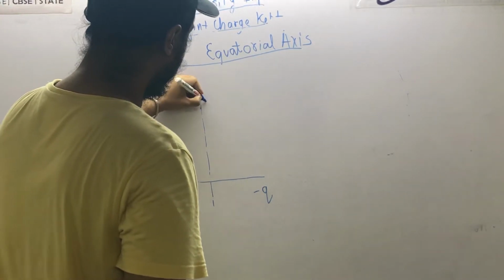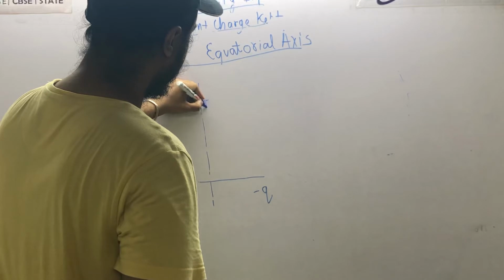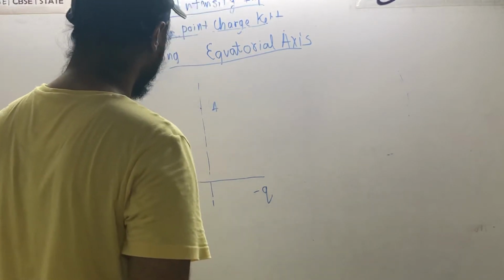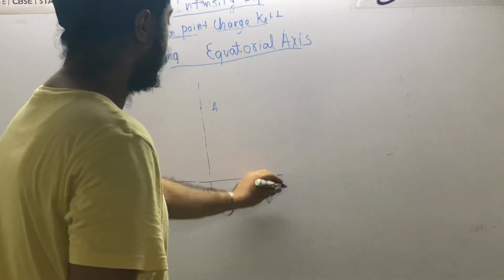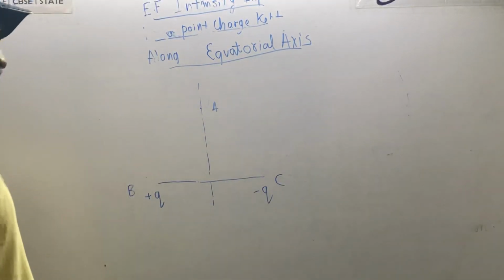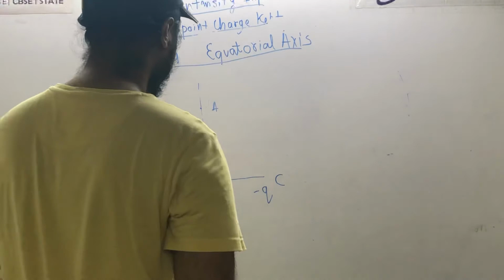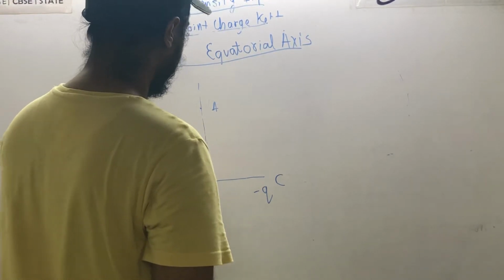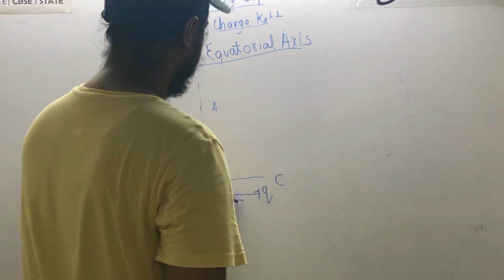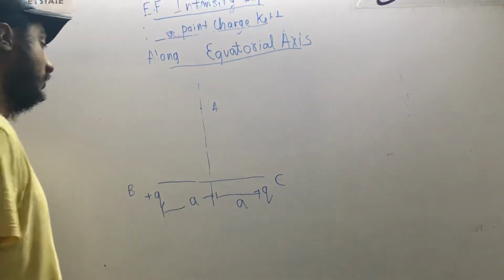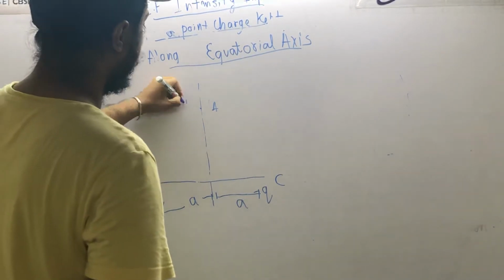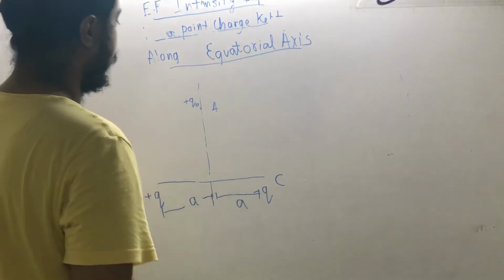I will say there is a point P over here, a point A, this is B, this is C. Now this distance is A, A and A, and at this point we have kept a small point charge Q naught.